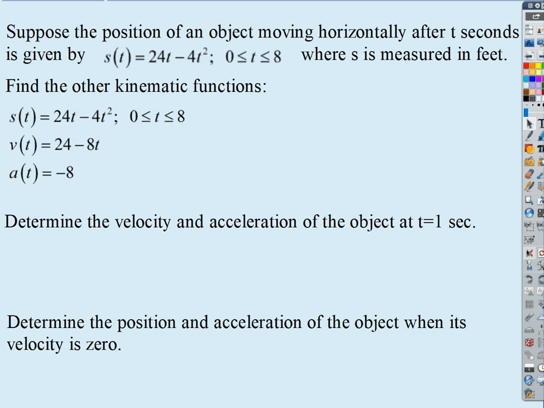It has to do with the fact that acceleration is the rate of change of velocity, right? In what direction is the velocity changing? Is my velocity becoming more negative or more positive? More negative, right? So the rate of change of velocity is a negative quantity.